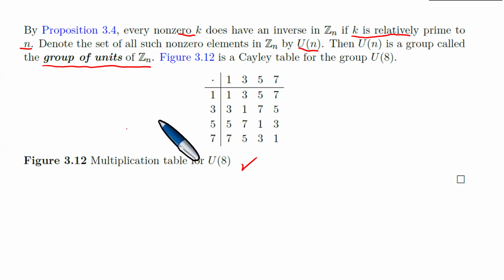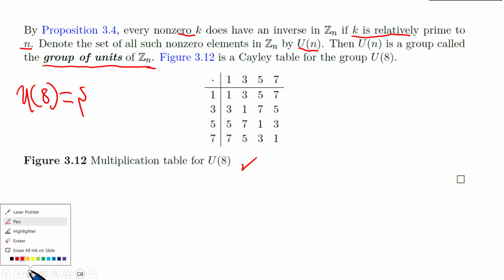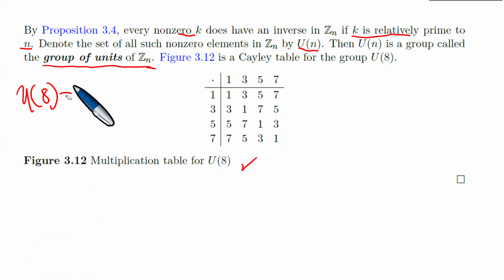Let us discuss U8 together. U8 is a group called the group of units of Zn.